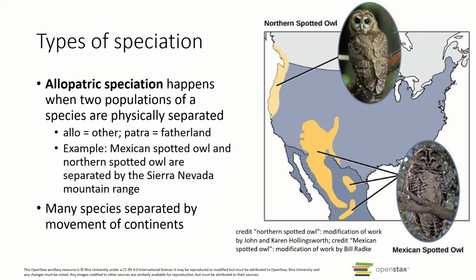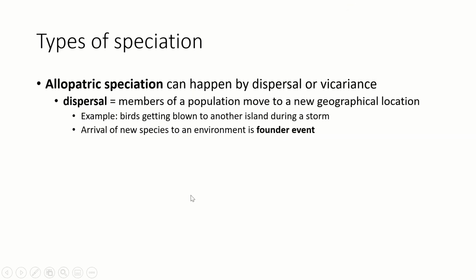Other things that have happened are groups of organisms being separated or united by the movement of continents. So really, really slow things. Now, allopatric speciation can happen in two different ways. Dispersal is where members of a population move to a new geographic location.